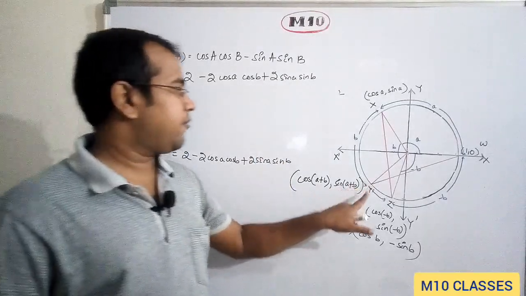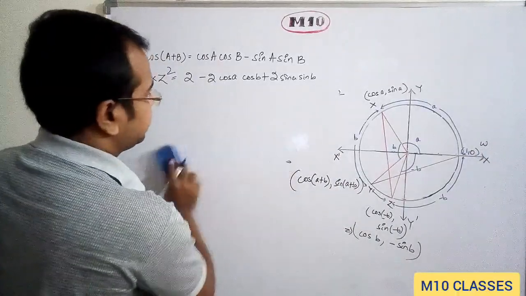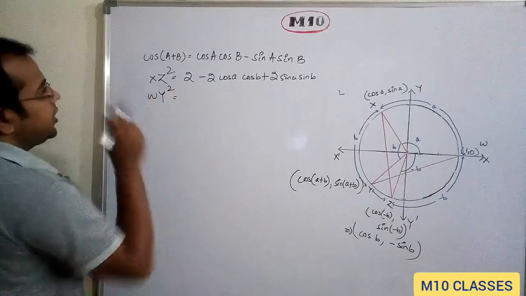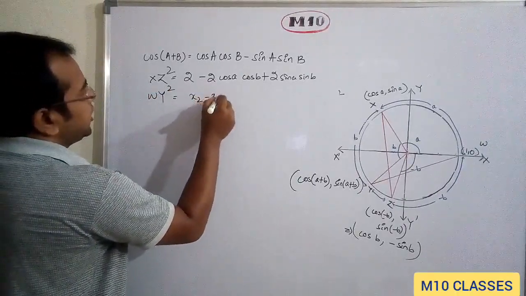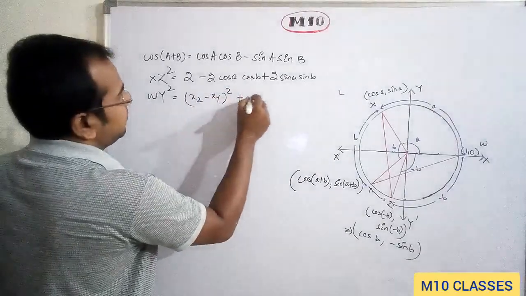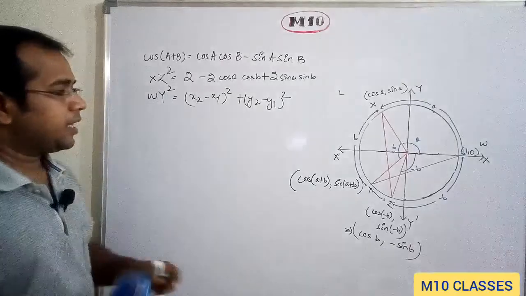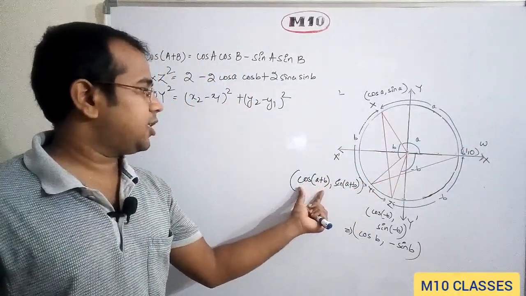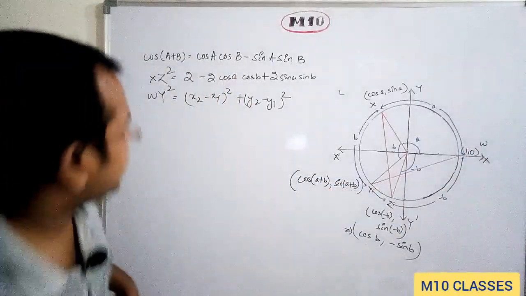Now we are going to get WY square. Again, x2 minus x1 whole square plus y2 minus y1 whole square. Now for W and Y, here x is cos of a plus b, and here x is 1. So what can you write here?